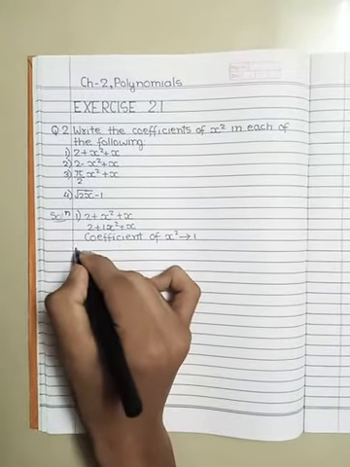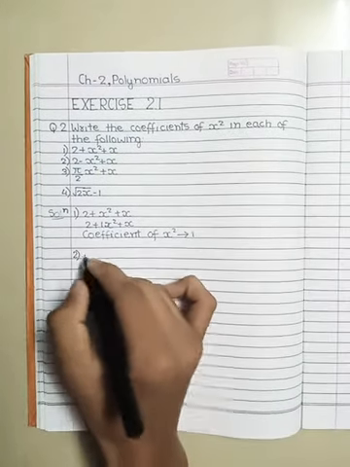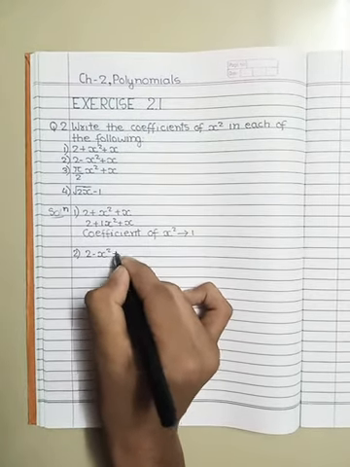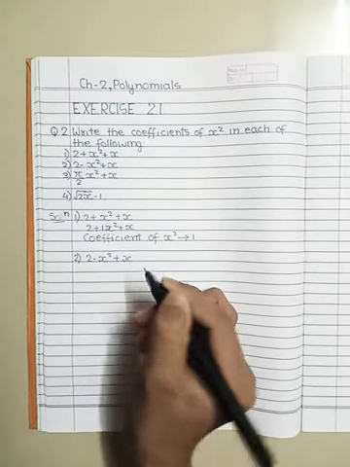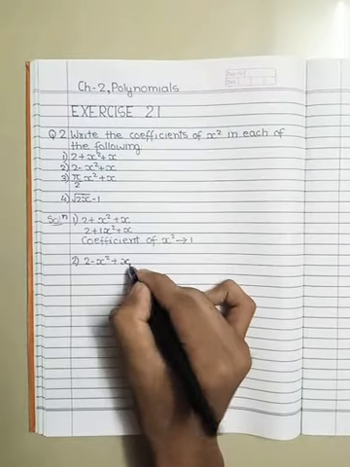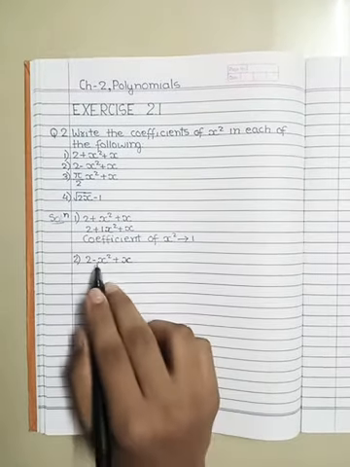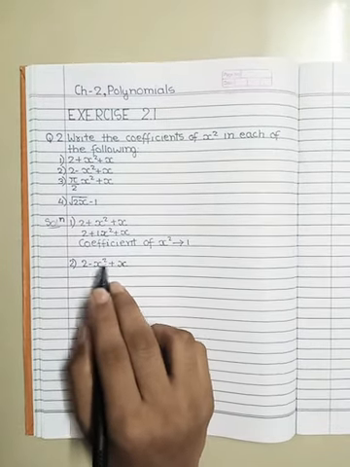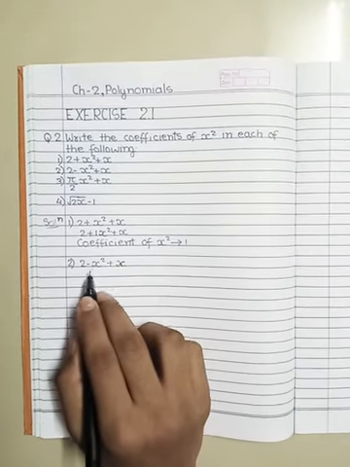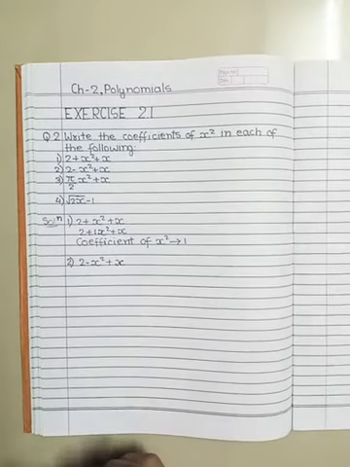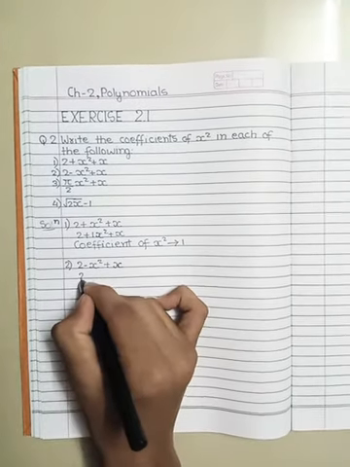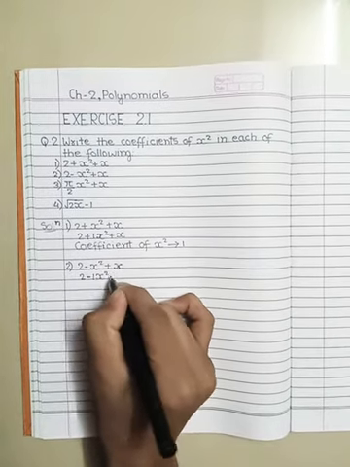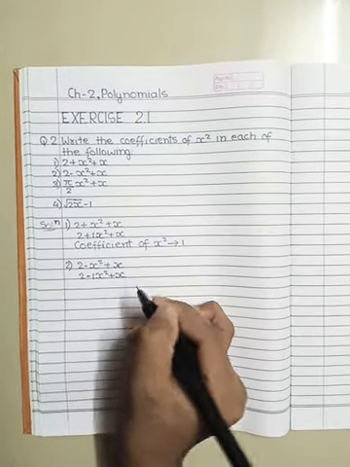Now moving on to the second question, that is 2 minus x square plus x. Now in this, if we put the value 1 here, minus x square multiplied by 1 will again be equal to minus x square only. So let's write that: 2 minus 1x square plus x.